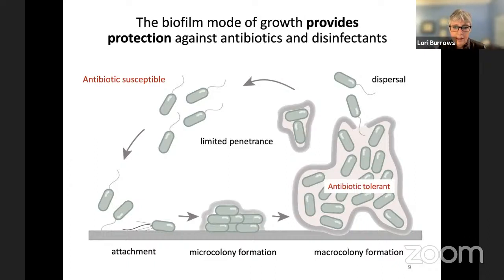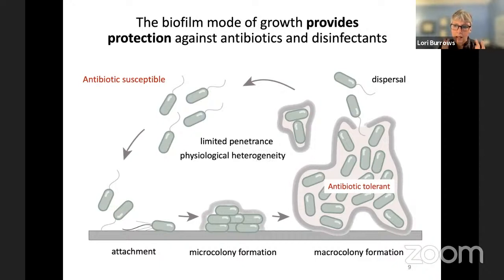So a typical example is aminoglycosides. They are positively charged antibiotics. And if you have a lot of DNA and negatively charged sugars in the matrix, those antibiotics cannot diffuse easily because you're going to have charge interactions. And essentially, they're going to get stuck in the outside of this shell and not reach the bacteria inside.